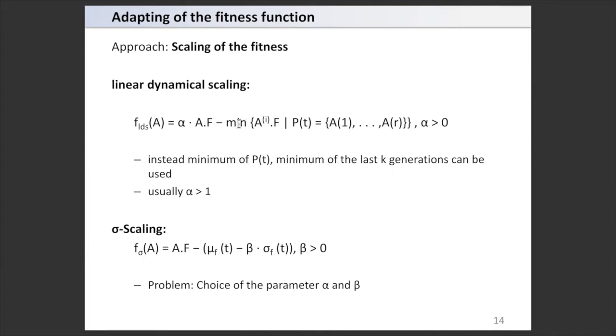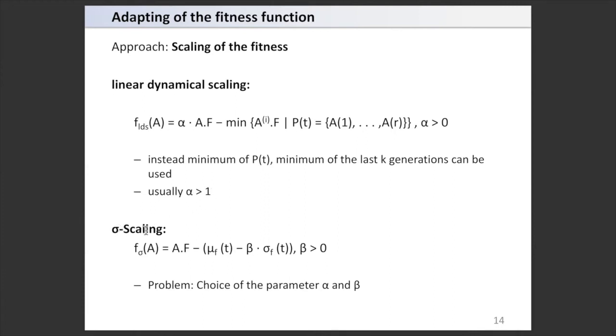We are subtracting that value from the fitness value multiplied by alpha. So we are finding the adapted fitness value of that individual. Instead of the minimum of the population, the minimum of the last k generations can be used, and usually this alpha is greater than 1.